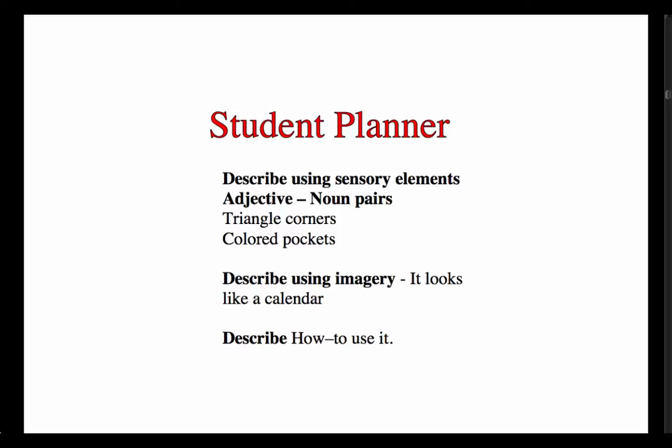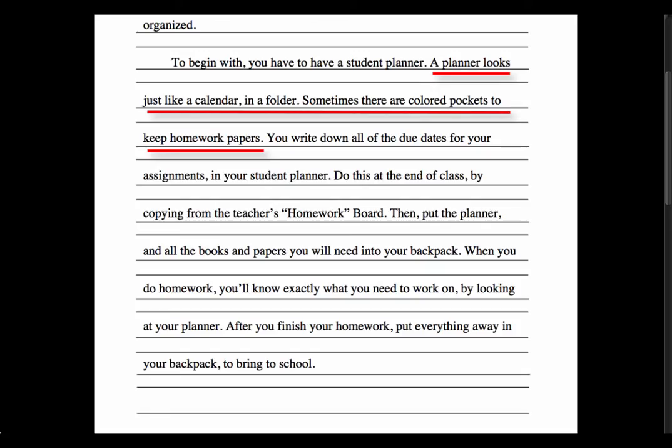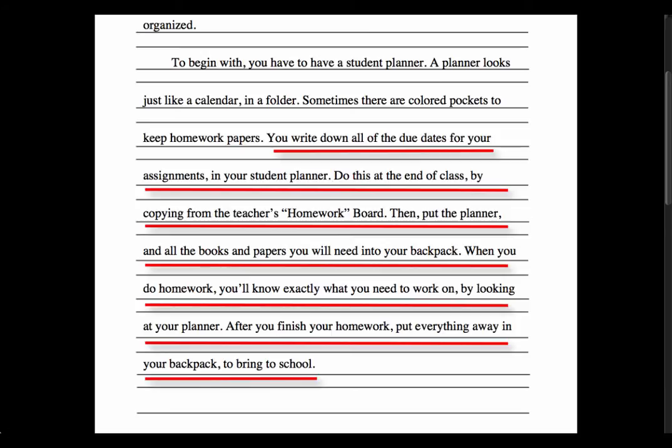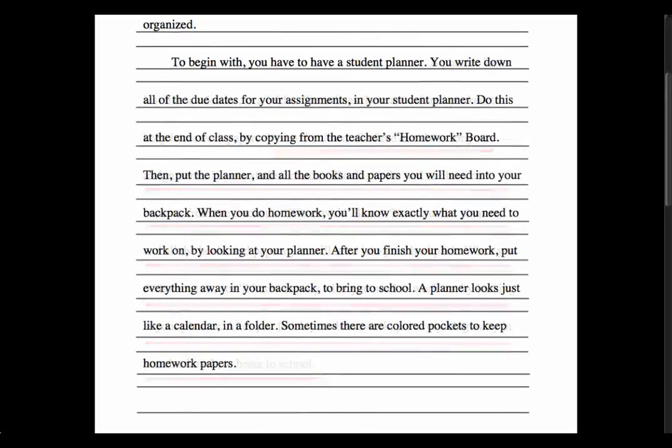It needs to describe a student planner using your sensory elements of adjective-noun pairs and imagery, and it has to describe how to use a student planner. In my paragraph, I began with the sensory elements and then explained how to use it. The paragraph could have worked equally well the other way.